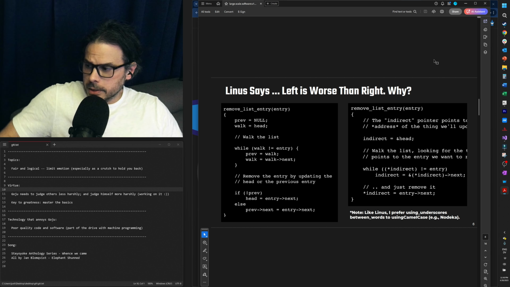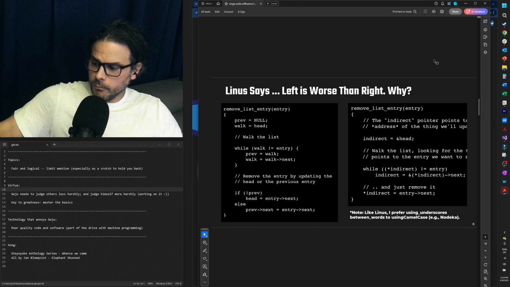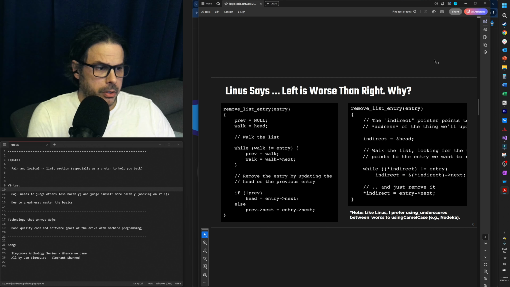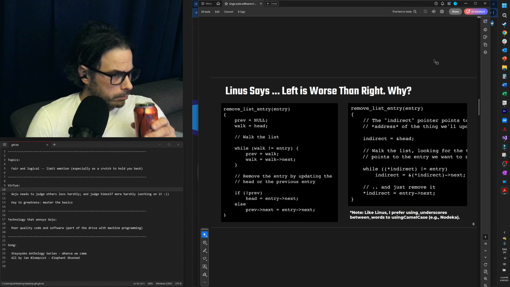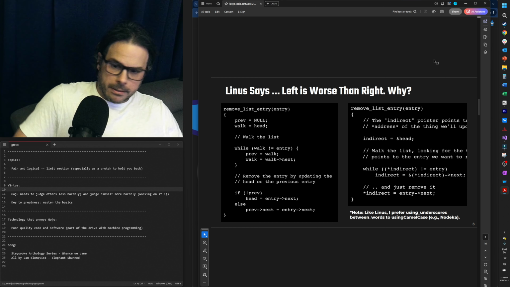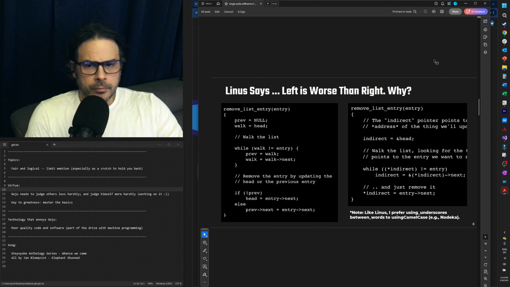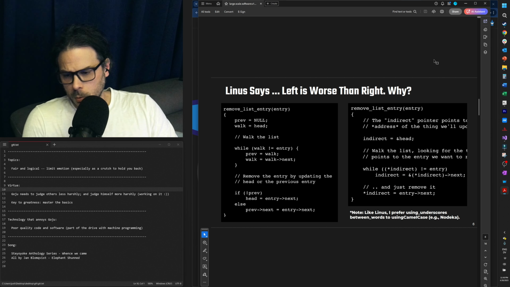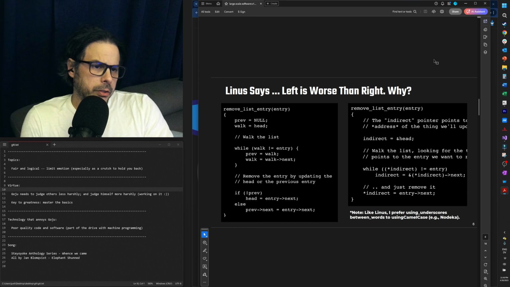Okay, now I'm going to talk about this. If you would like to look at this code some more, I recommend you pause it so you can think about it before I dive in. Now, I can't remember if Linus shares why he thinks the code on the left is worse than the right.